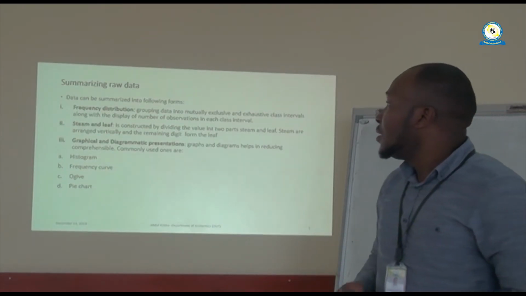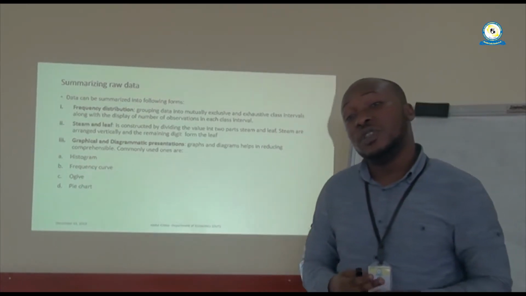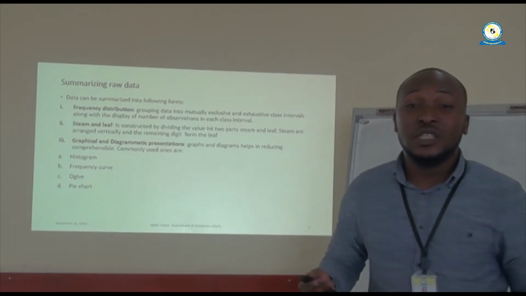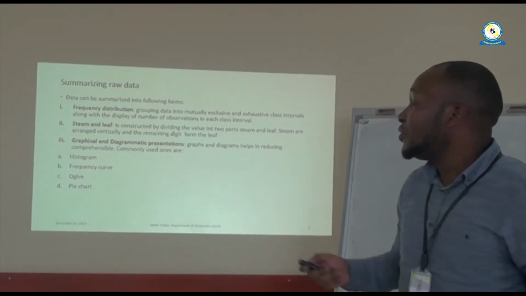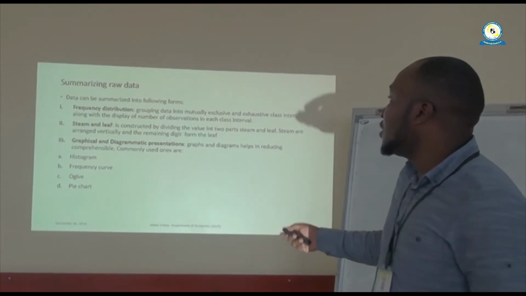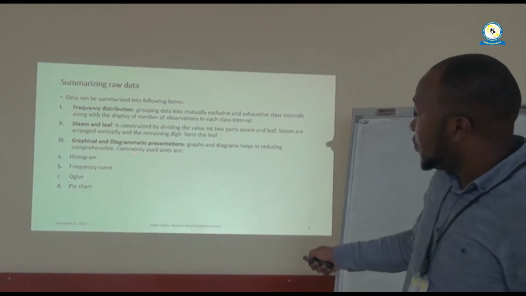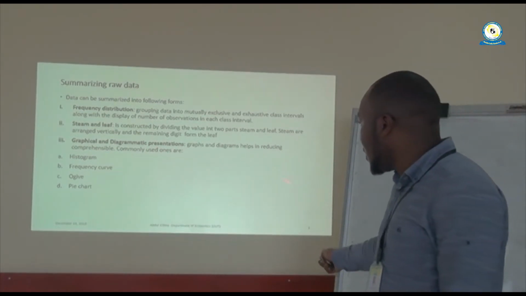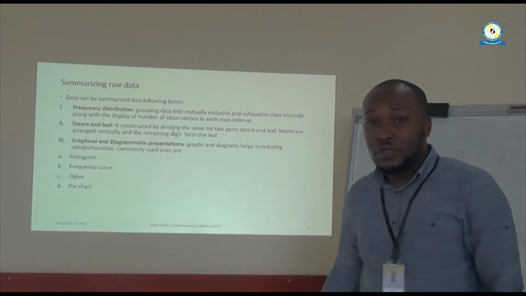Then what you can do now is summarize your data. You can summarize your data into frequency tables, frequency distribution tables. You can summarize your data into stem and leaf, whereby you give numbers in row and column. The row is a stem, the column is a leaf. Or you can do graphical presentation of your data. Graphs help in making it comprehensible.